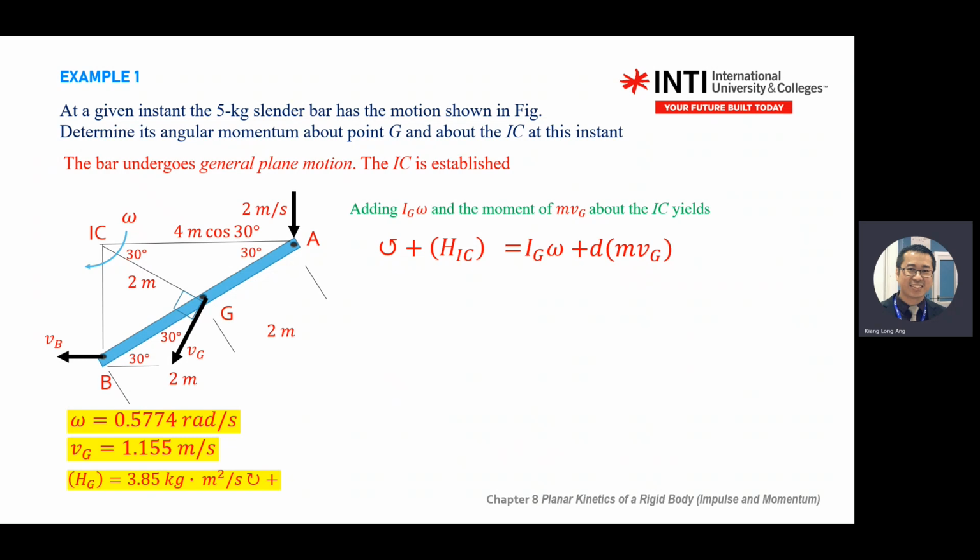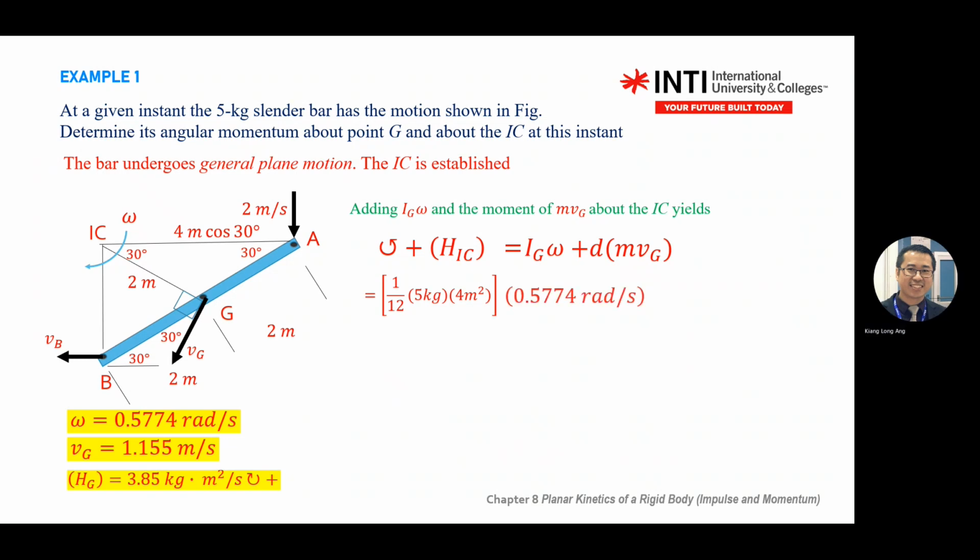Okay. Again, where do you find IG? From the table. This is a rod. So again, 1/12 mL square in the G location. Omega you found just now. D, again, some of you might have trouble finding the D. D is the distance from the IC point to the G. That is the D direction.